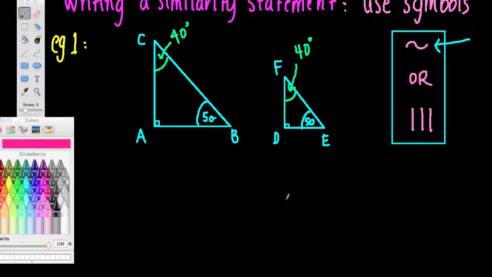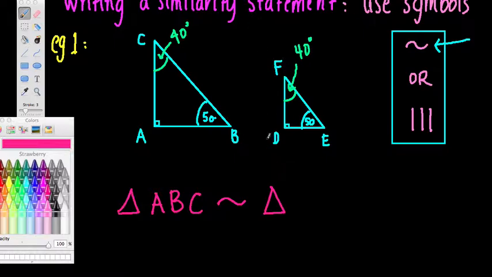So writing a similarity statement, what I want to say is this triangle is similar to that triangle there. First I'm going to write the name of this triangle. It's triangle ABC. Next I'm going to use the similarity symbol. At the moment this says that triangle ABC is similar to triangle.